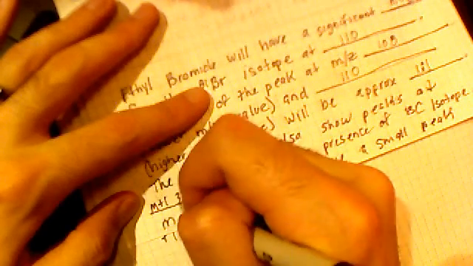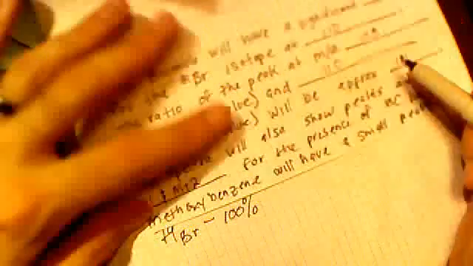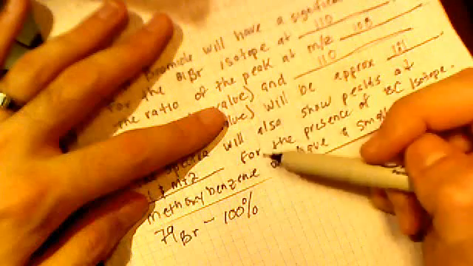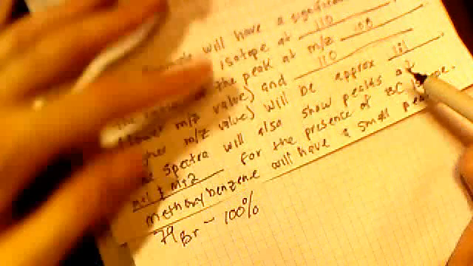The ratio of the peak at the lower one, 108, and the higher one, 110, will approximately be 1 to 1. The spectrum will also show peaks at, now this made no sense to me, M plus 1 and M plus 2 for the presence of carbon-13 isotope. Methoxybenzene will have a significant peak at M plus 1 for the 13C isotope. Alright, so let me just explain what I just wrote there really quick.